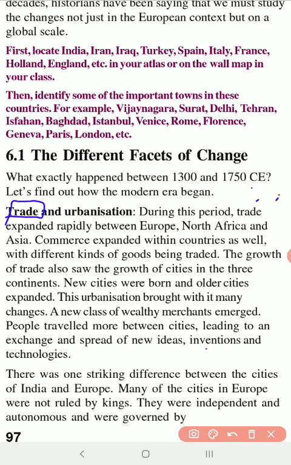The same thing takes place here. So new cities were born and older cities expanded. The city that was already old expanded, and the city that was not yet born is now born, because people begin assembling there. This is what we call urbanization.